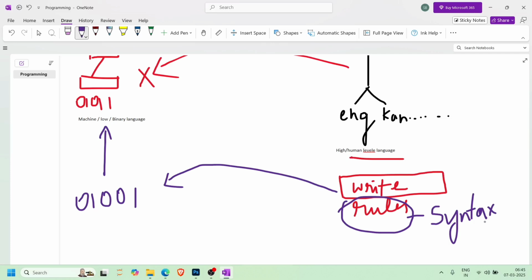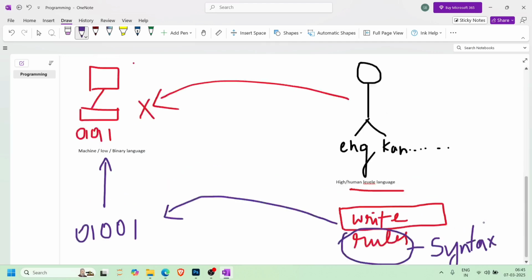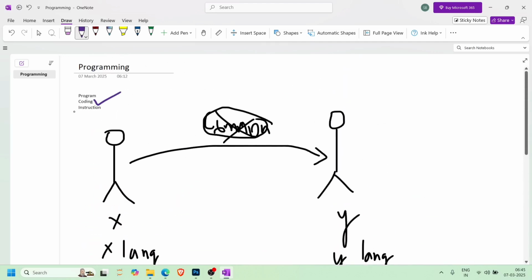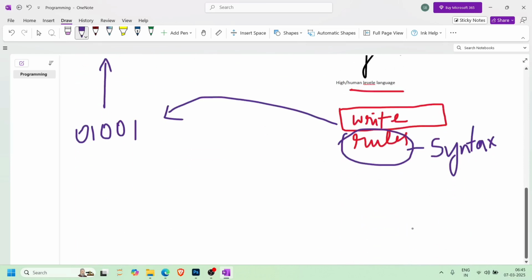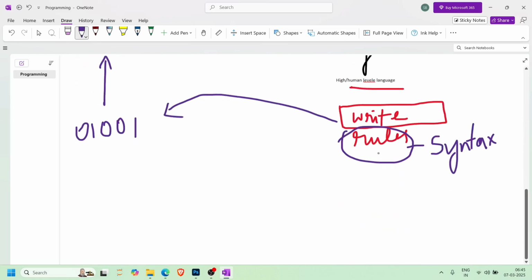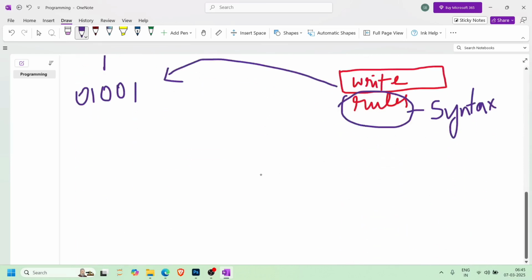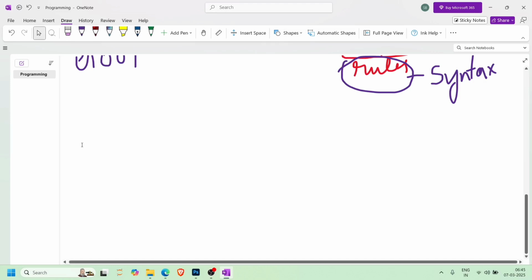In the same way, while writing a computer program, we need to follow some rules. These rules are called syntax rules. I think you have understood what is an instruction, or what is meant by programming or coding. It is the process of giving instructions to the computer using some specific rules.